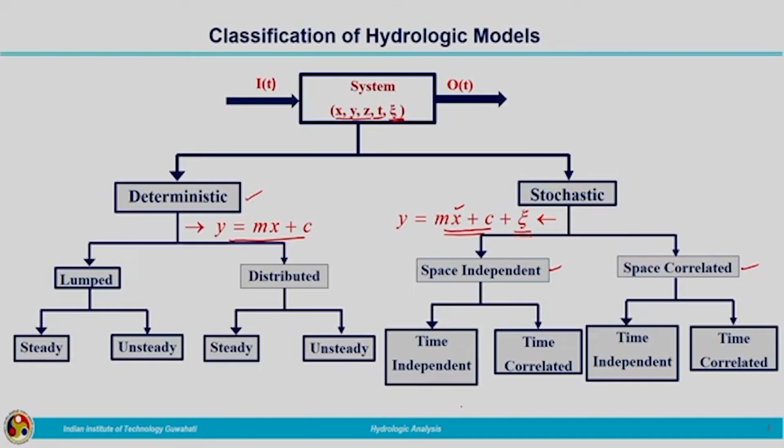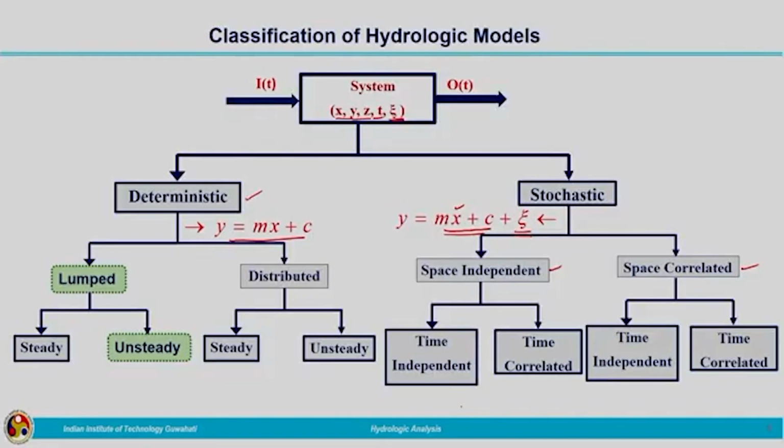In this module, we will mainly be discussing lumped unsteady models. Space variation is not taken into account, but variation with respect to time is. Generally that model is called a lumped model.